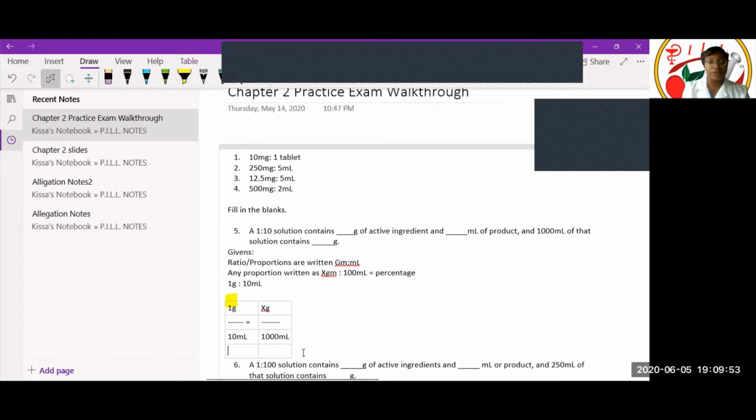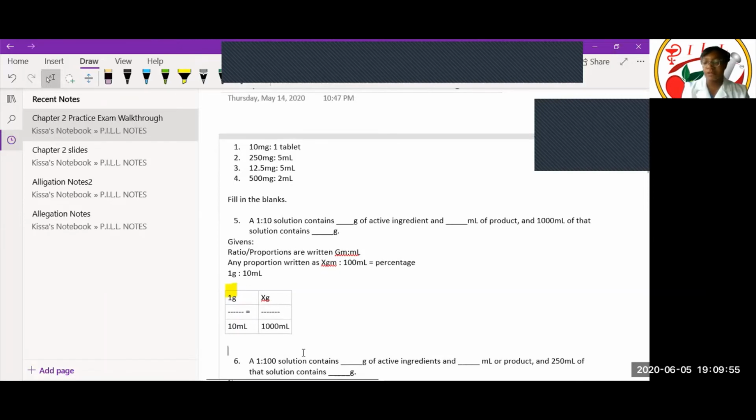We're going to solve. You would cross multiply utilizing the ratio proportion equation. You would multiply 10 milliliters by your unknown value of X, and then you would multiply 1 times 1,000.